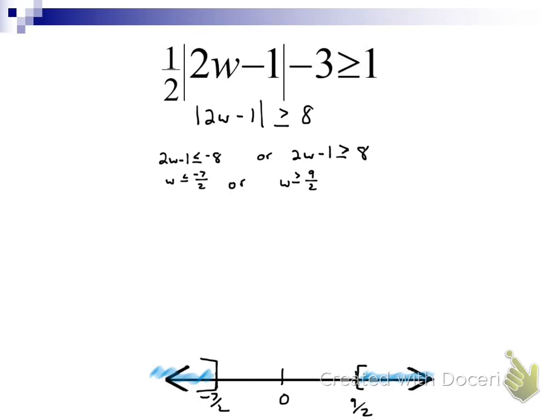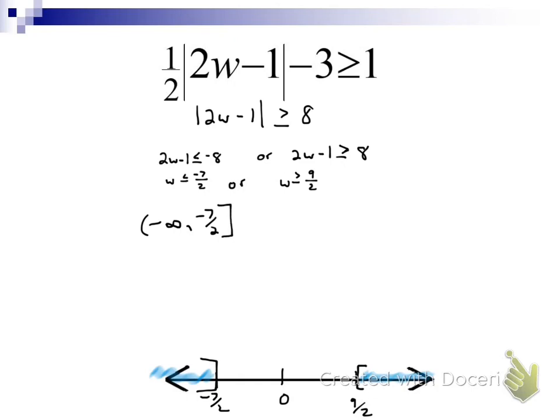Austin, how would I write it? This is what we did last time. We're going to take that and write it in interval notation. I'll help you get going. Negative infinity. Well, you didn't tell me parenthesis or bracket.